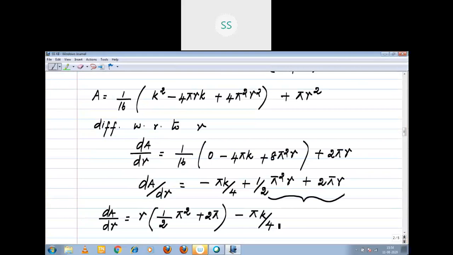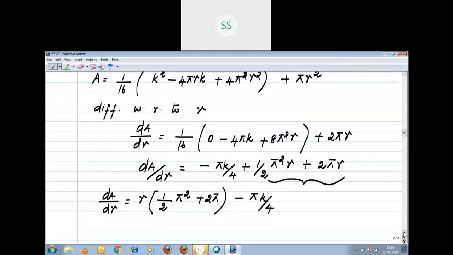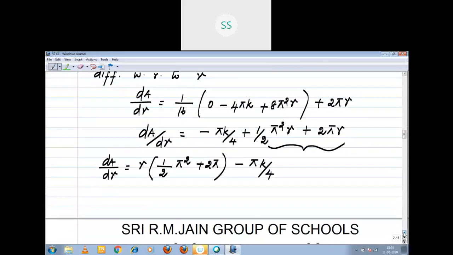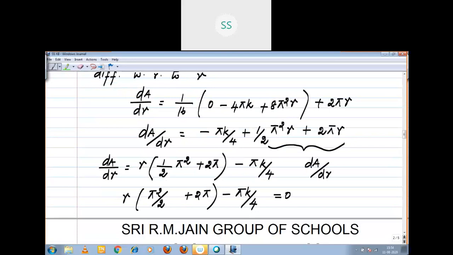Got it? Now you are going to equate with 0. r into pi square by 2 plus 2 pi minus pi k by 4 equals 0. Second step, you have to equate the derivative with 0; then only you can get the critical point.